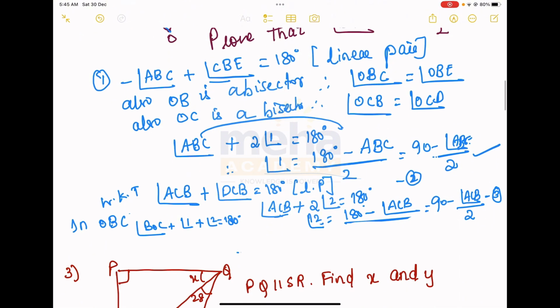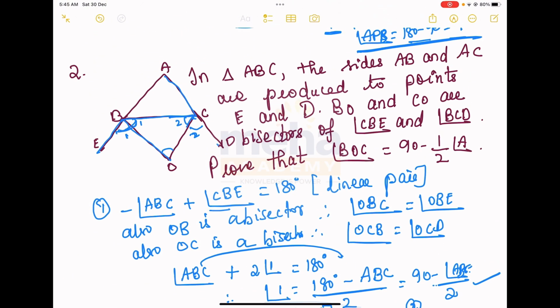Now after substituting the values of angle 1 and angle 2 from equations 2 and 3, we get angle BOC is equal to half of angle ABC plus angle ACB.